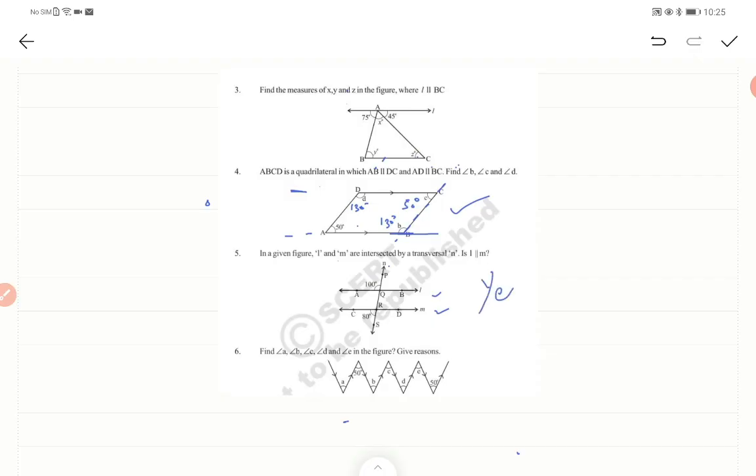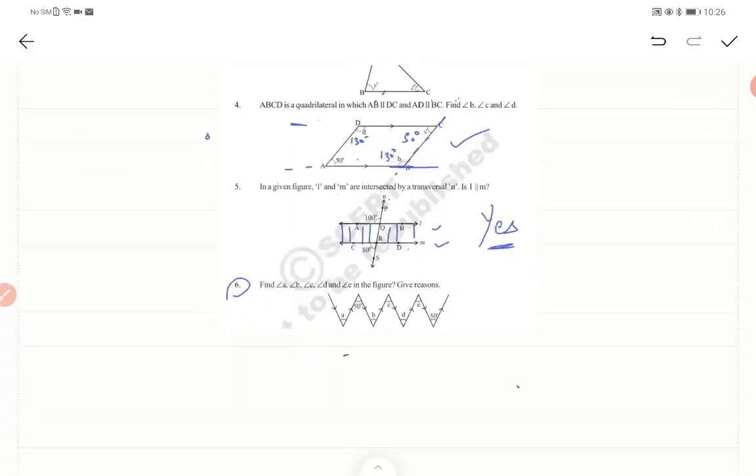Yes, of course, because the distance between them is equal. Yes, they are parallel. Now the sixth question is to find angles A, B, C, D, and E.